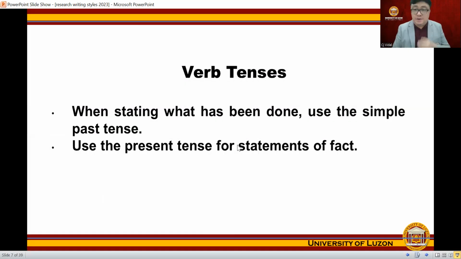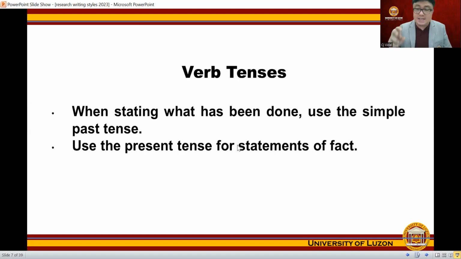Now we talk about verb tenses. Number one, when stating what has been done, we use simple past tense. Obviously, we use the present tense for statements of facts.